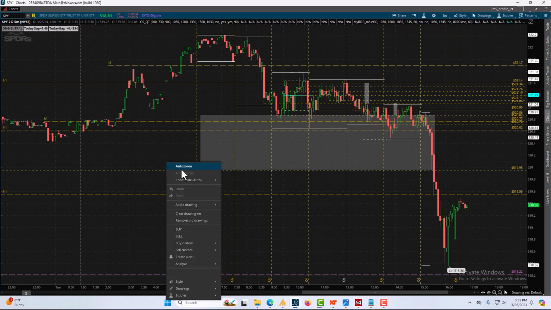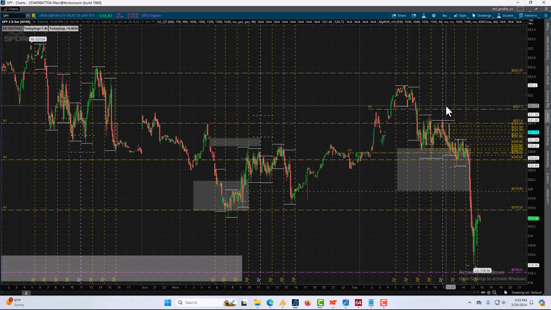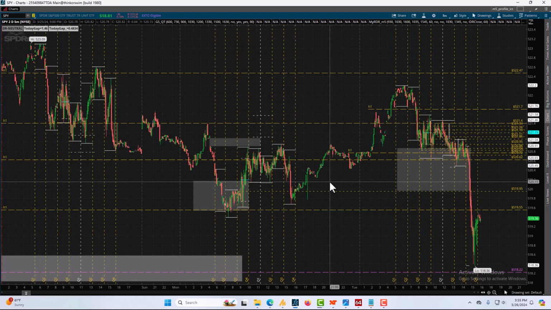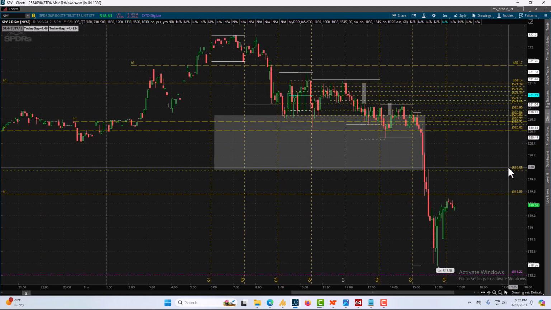And right here, all right, you see, sometimes when we trade this chart, we lose the perspective. So if we trade the regular hours, it gives us some idea right there.